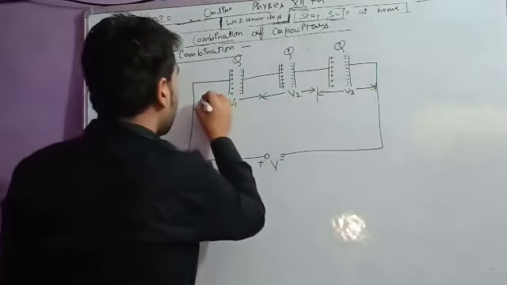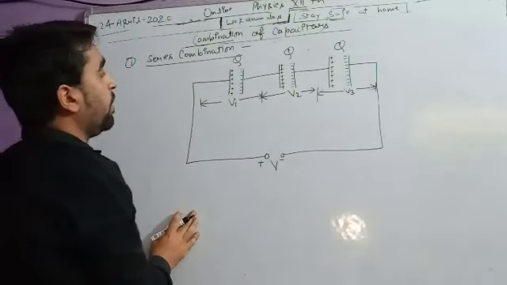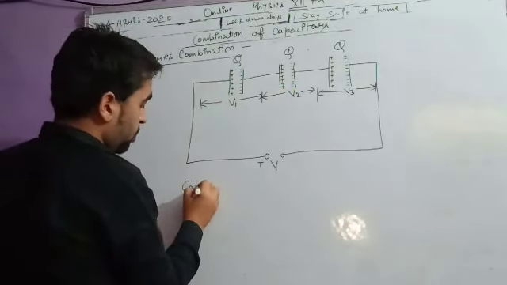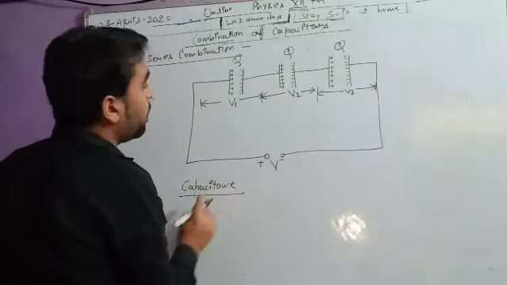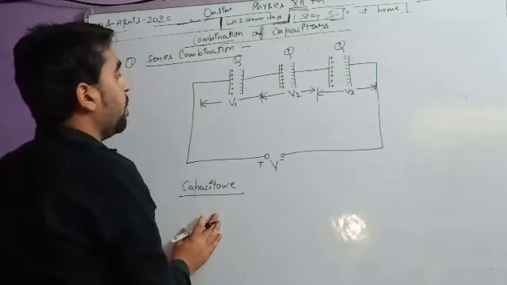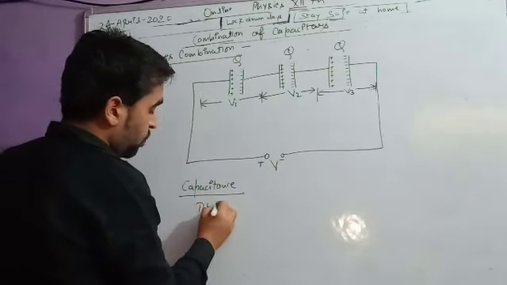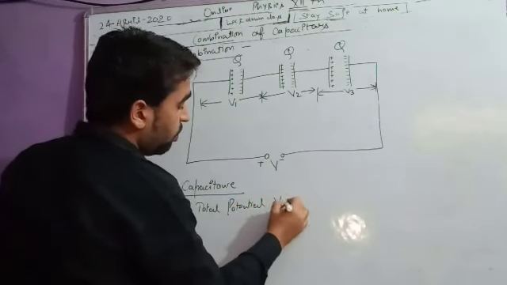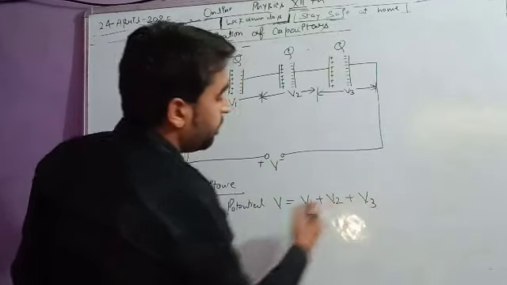Now students, let us calculate the capacitance. What will be the total potential? The total potential V will be the sum of V1, V2 and V3.